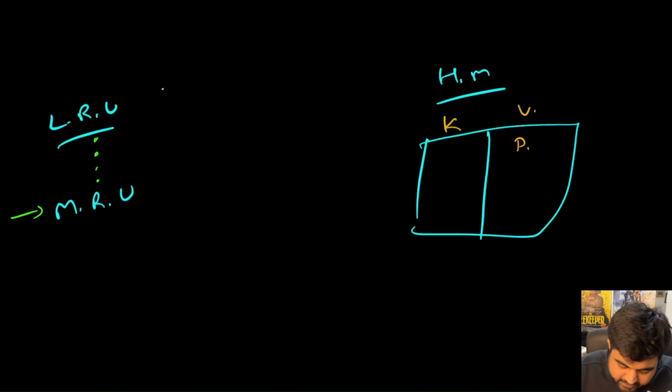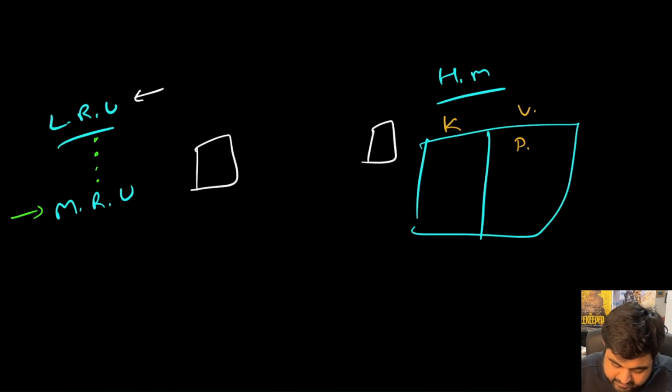The moment we want to kick out any element, we kick it out from the least recently used end, which means we need a data structure where we can work on both sides of the queue to either enter the value or remove the value, and we need to do it in a fast and efficient manner.